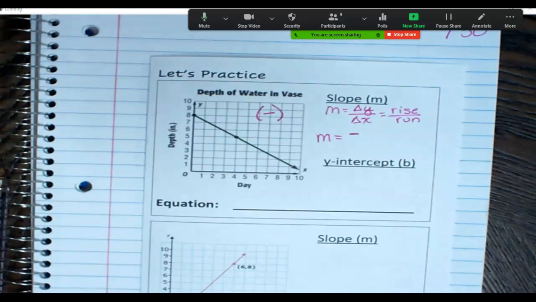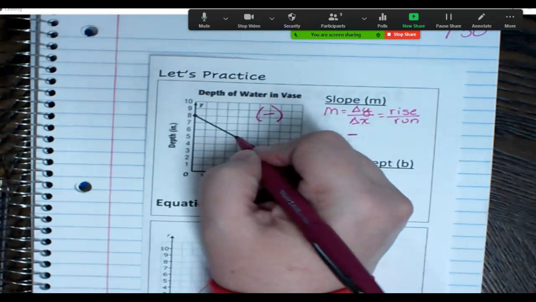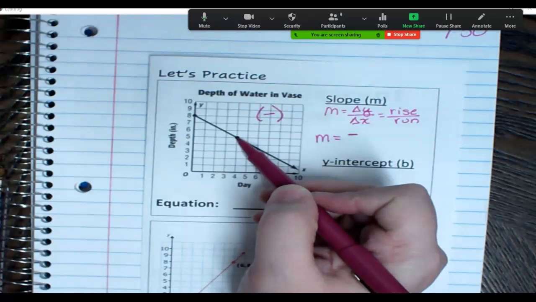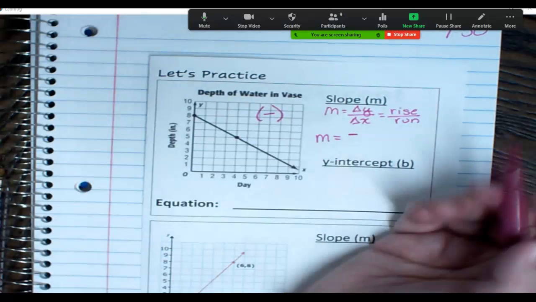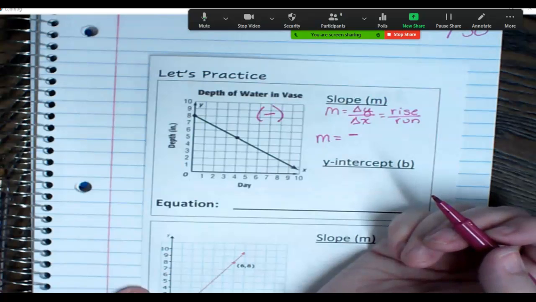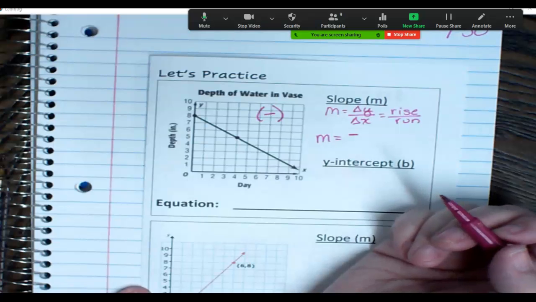All right, did this graph give us two pretty points? Yes, it did. It gave us a pretty point here at (4, 5), and at (0, 8). So what do I need to do to find the slope of this line? I have to count rise over run, but in order to do that, what do I need to do?